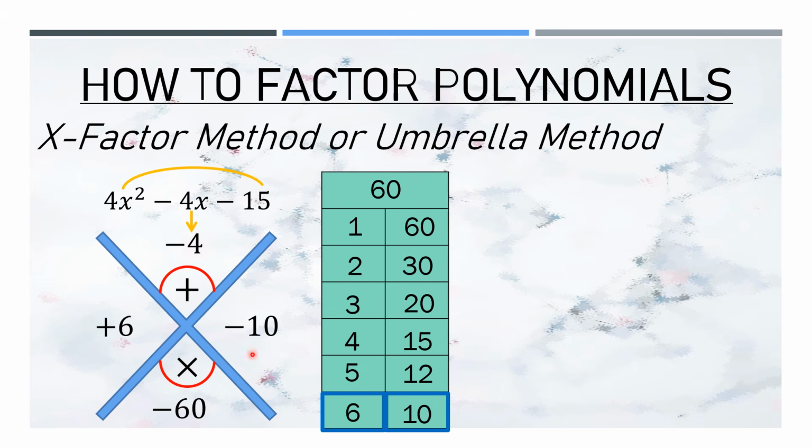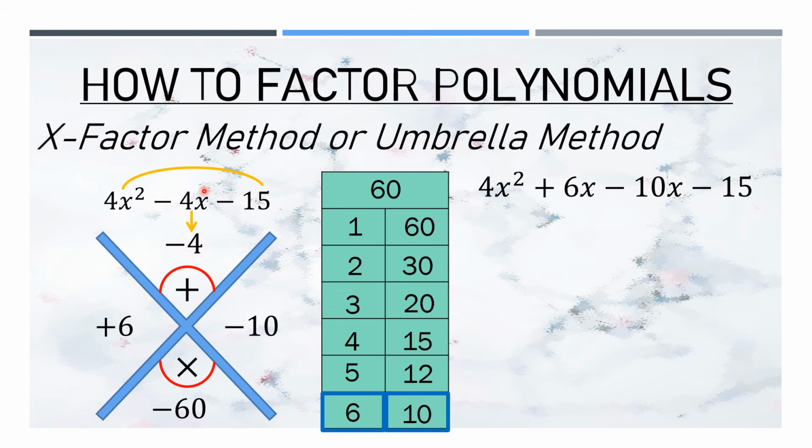Let us now write it into expanded form. So, ito ay magiging 4x squared plus 6x. Nilagyan lang natin ng x yung positive 6. Minus 10x. Ito yon, minus 15. Kinopya lang natin to. Hindi natin ilalagay dyan ang minus 60. Magiging mali yung sagot natin. Ito lang ang babaguhin natin, yung nasa gitna.